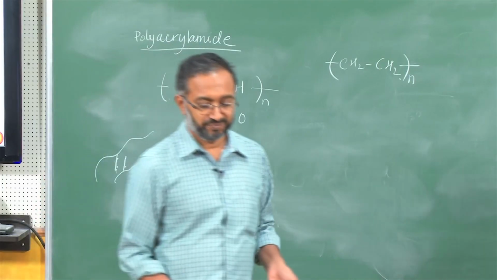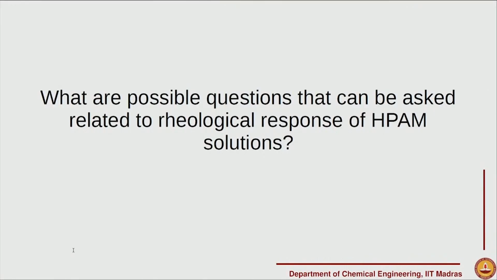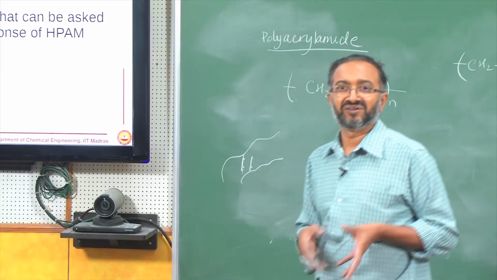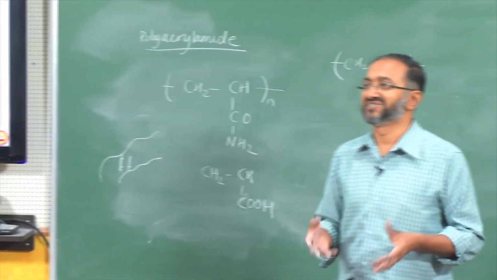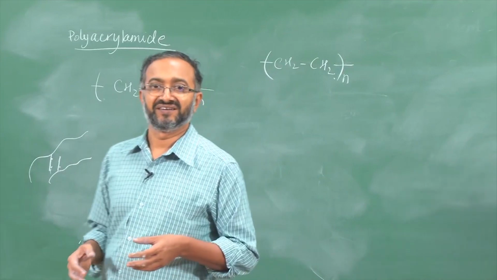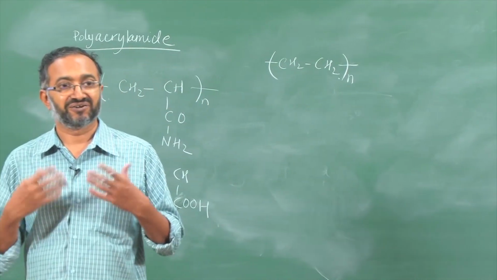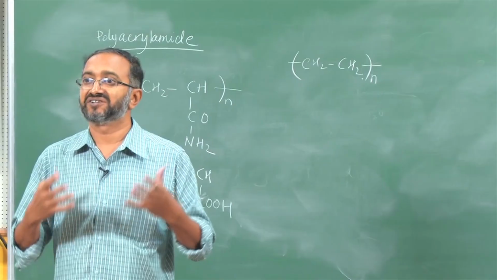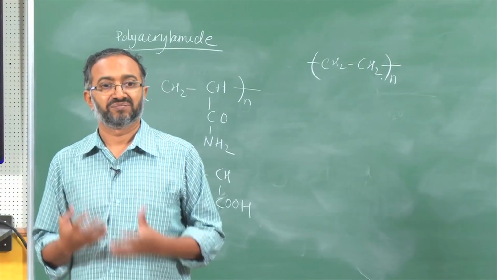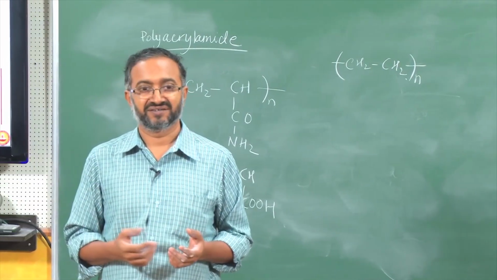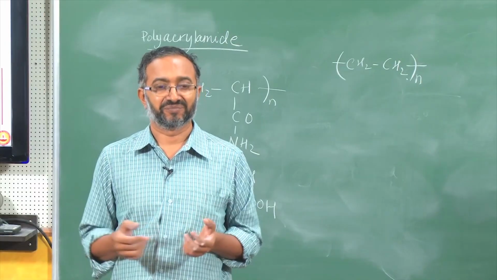Okay. Given that I have shown and talked about an example application, and have given you some description of what the application is, can you now think of what different possible questions might be there for me to formulate a project around, saying that I am interested in the rheology of a rheological modifier such as hydrolyzed polyacrylamide?